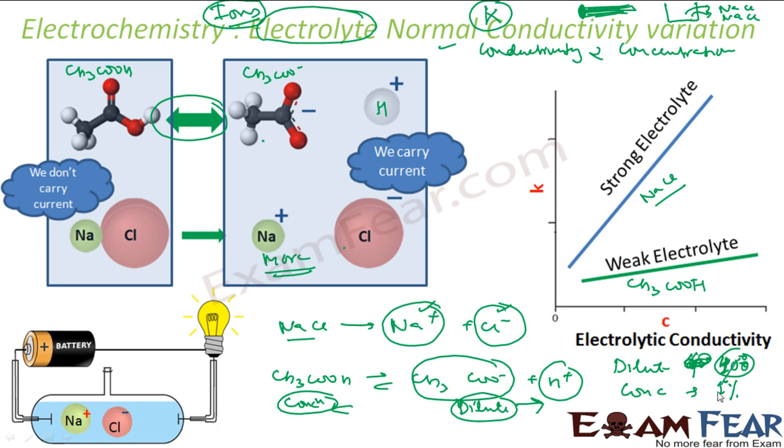So let's take one scenario. Let's give some better values here. Let's take this to be on dilute, let this be 100%, and on concentrate, let this be 10%. Correct.